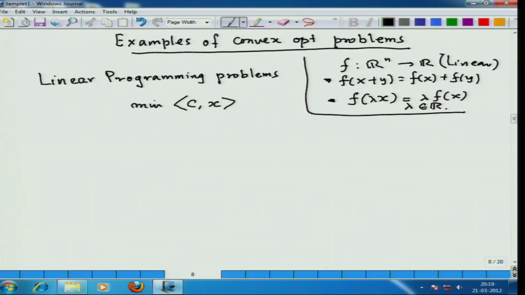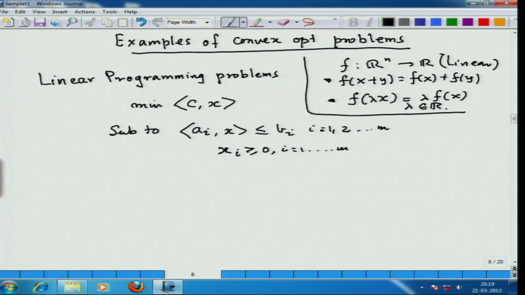Now, you minimize this subject to linear constraints. Also, in most practical problems, there is a requirement that all the xi's are greater than or equal to 0.